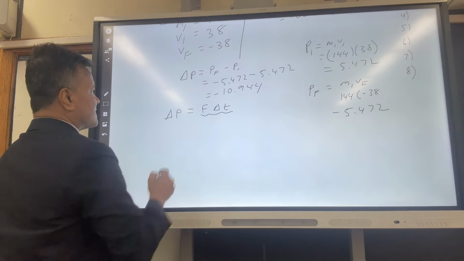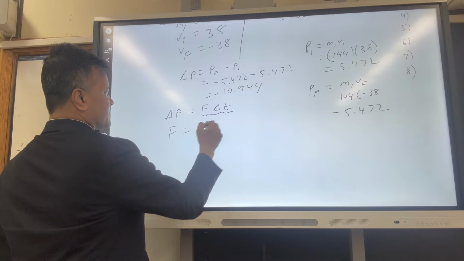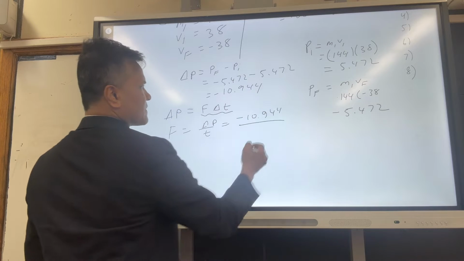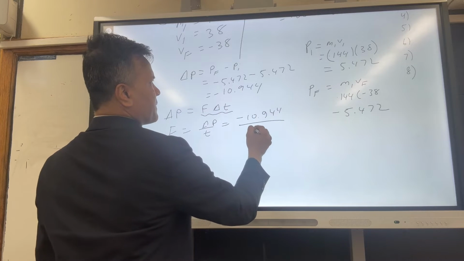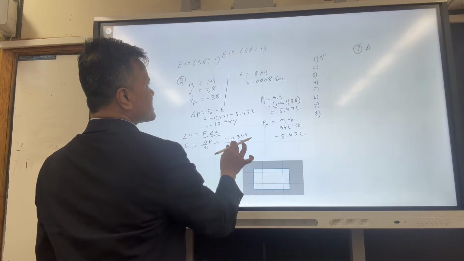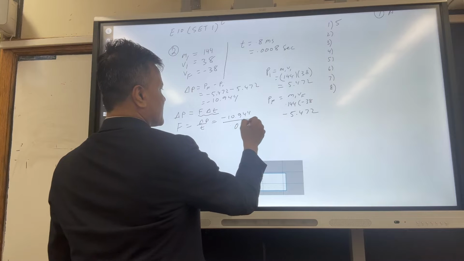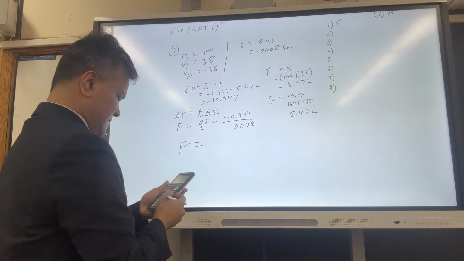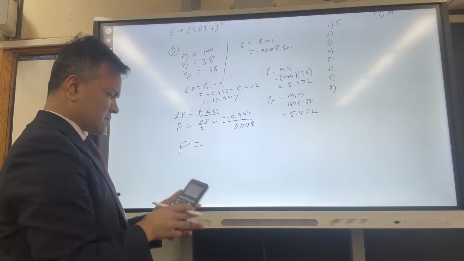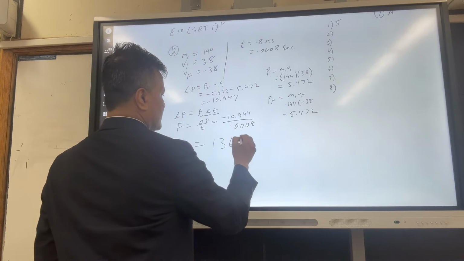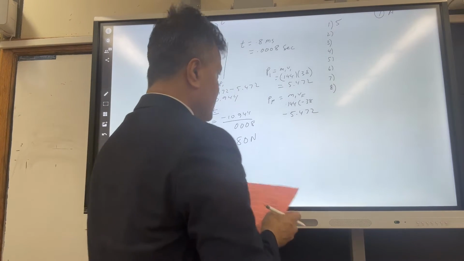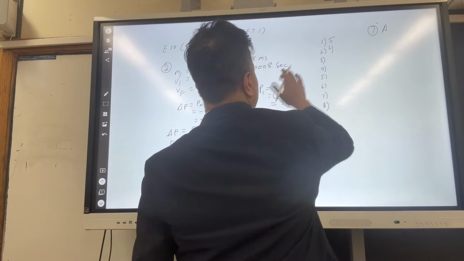That's what impulse is. So the force is impulse over t. Impulse is negative 10.944 divided by 0.0008, and that is 13680. So number 2 is 4.